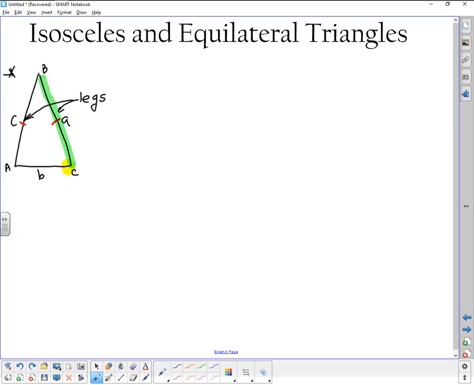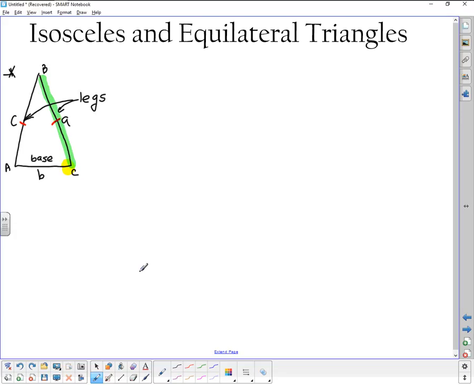Now, if these are legs, what is this right here called? This is called the base. Some of you have the idea that the base means the bottom. No, the base could be at the side, could be on the top. In an isosceles triangle, the base is the side that is not congruent.